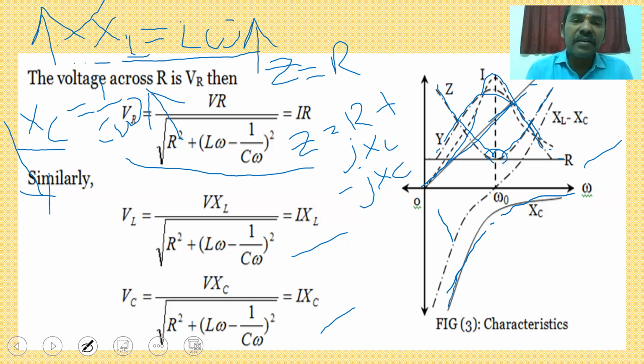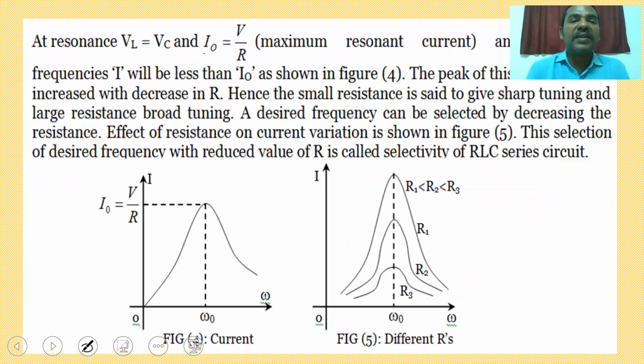Under resonance, the voltage drop across the inductor must be equal to the voltage drop across the capacitor, and the resonating current must be equal to V by R. If you plot omega versus current, the I0 value is maximum at V by R. At omega equal to 0 the current is 0, it reaches the maximum under resonating condition, and after resonance it falls down again.